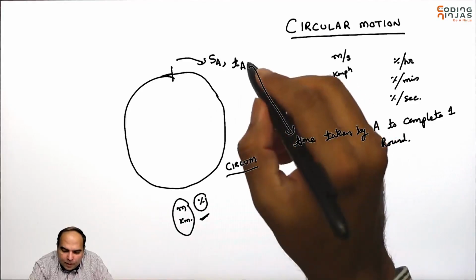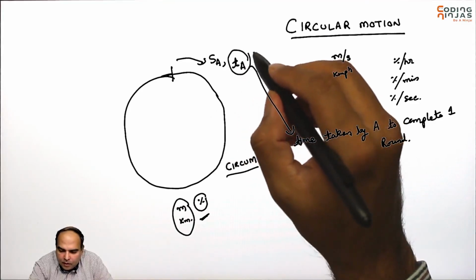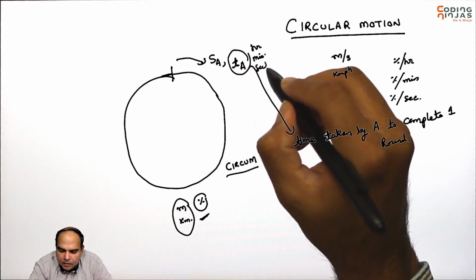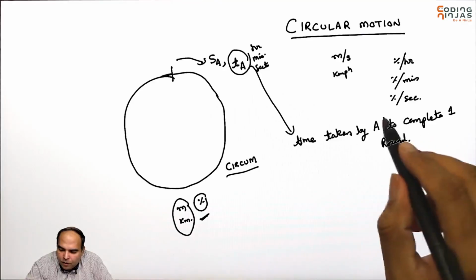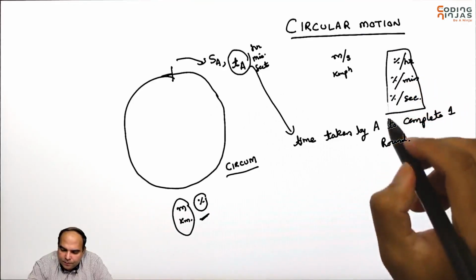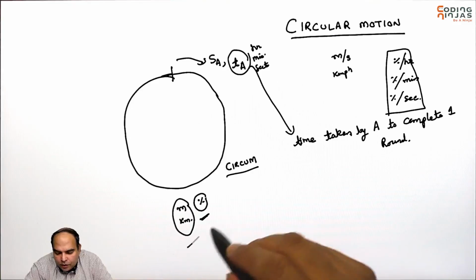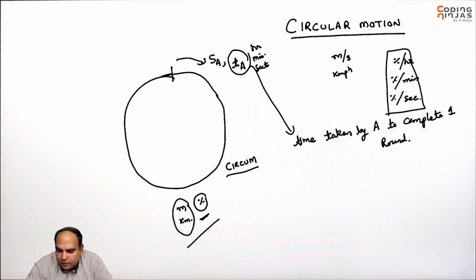Of course, the time taken by A can be in hours, minutes, or seconds, depending on what you have taken for speed. So the units need to be consistent between speed and time, and logically the units for distance will also be consistent.